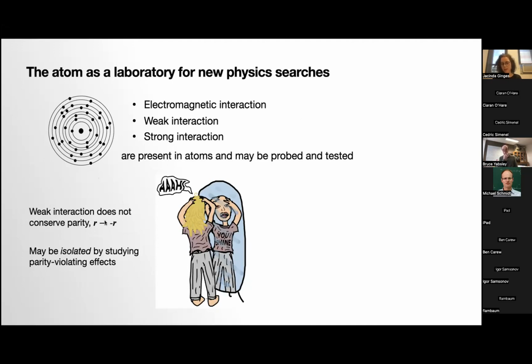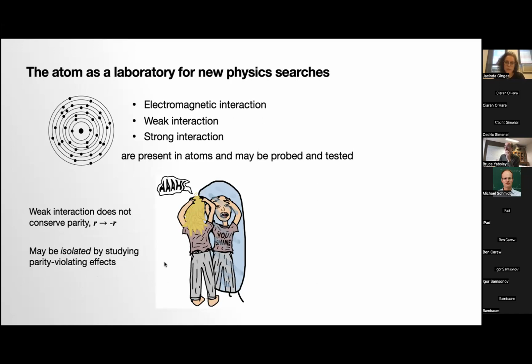The weak interaction is the only one of the interactions that violates parity, so we can isolate that interaction itself. It is much less accessible and less studied than the others, and so it's a place where there's room to discover new things.